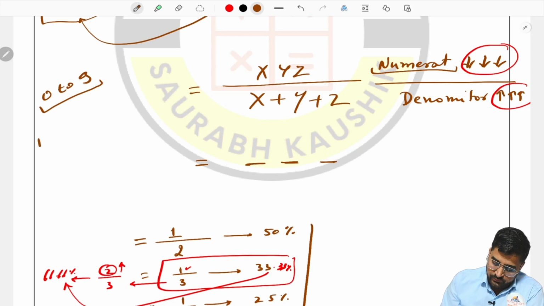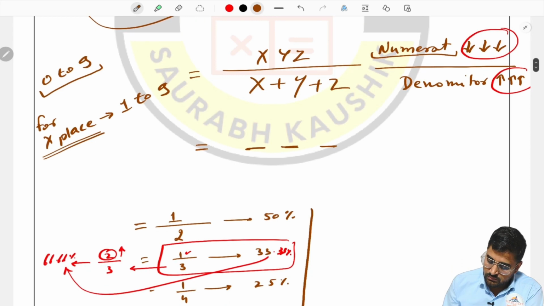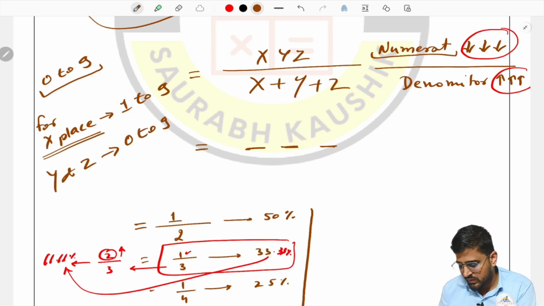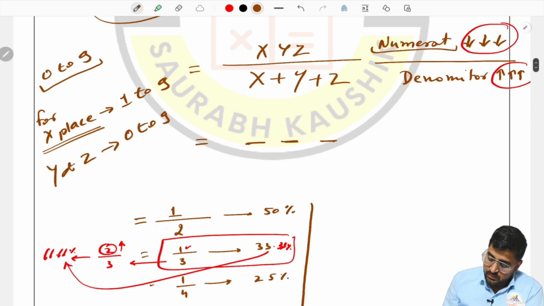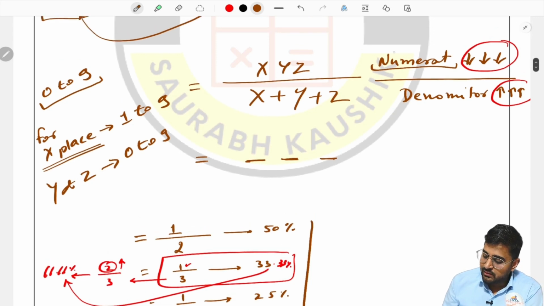So for the x place, there should be 1 to 9. And for the y place and z place, the number should be from 0 to 9. We have to make sure that the numerator is on the lower side.